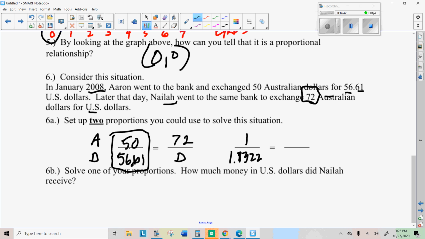So an Australian dollar is worth a little bit more than a US dollar. And then we could just put the 72 there and get it that way. So either way should work. And if you solve one of those proportions, you should get $81.52 for that.